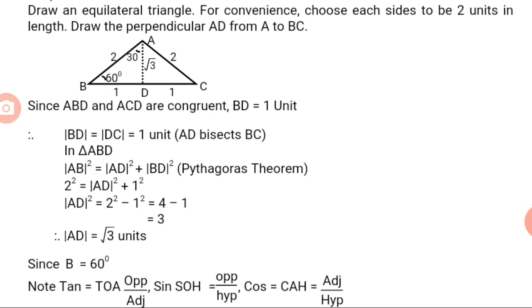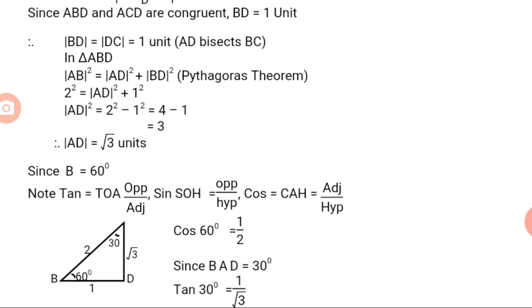Sine, that is SOH, O is opposite over hypotenuse. Then cos equals CAH, that is adjacent over hypotenuse. So don't forget this SOHCAHTOA.